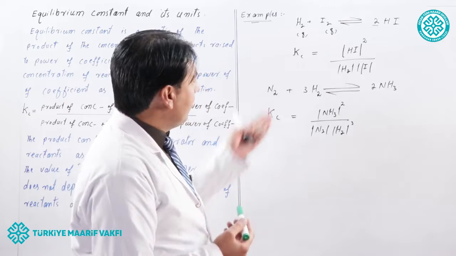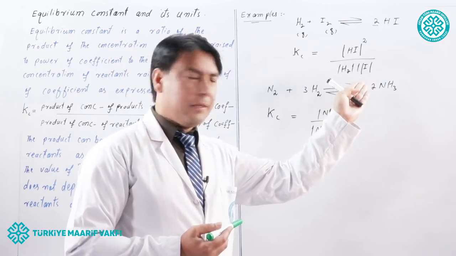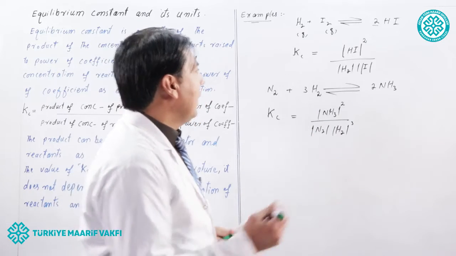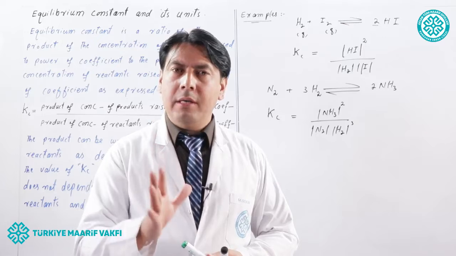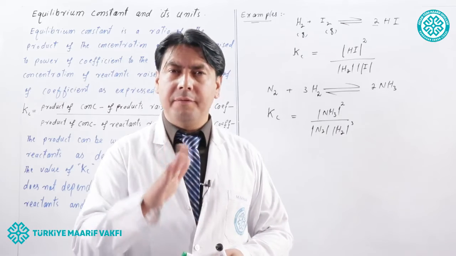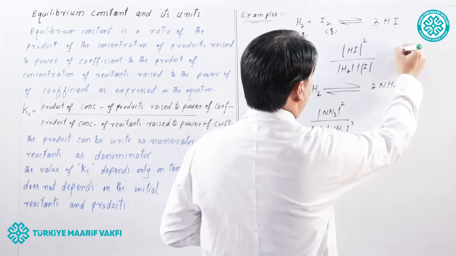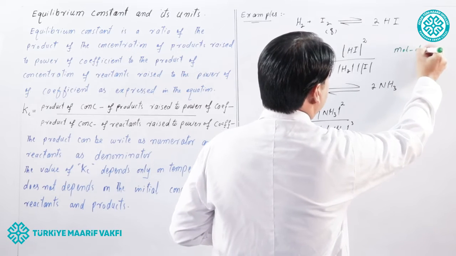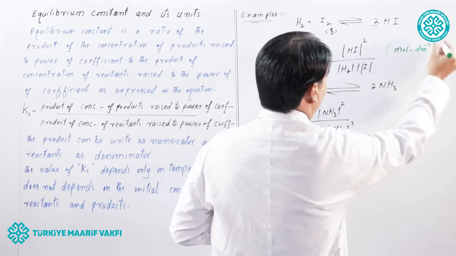Now what will be the unit of Kc in this expression and what will be the unit of Kc in this expression? As we know that the molar concentration unit is mole per decimeter cube. So here HI, mole per dm cube whole 2.